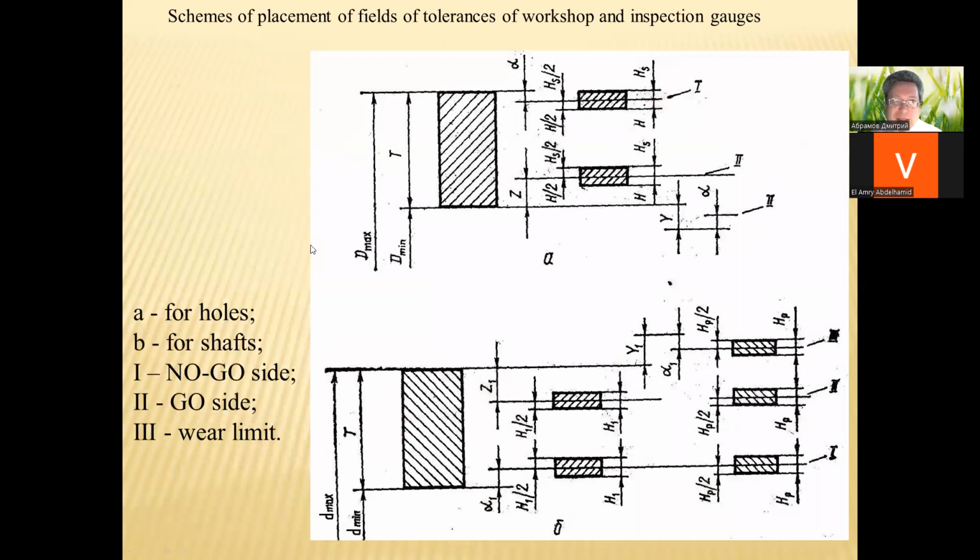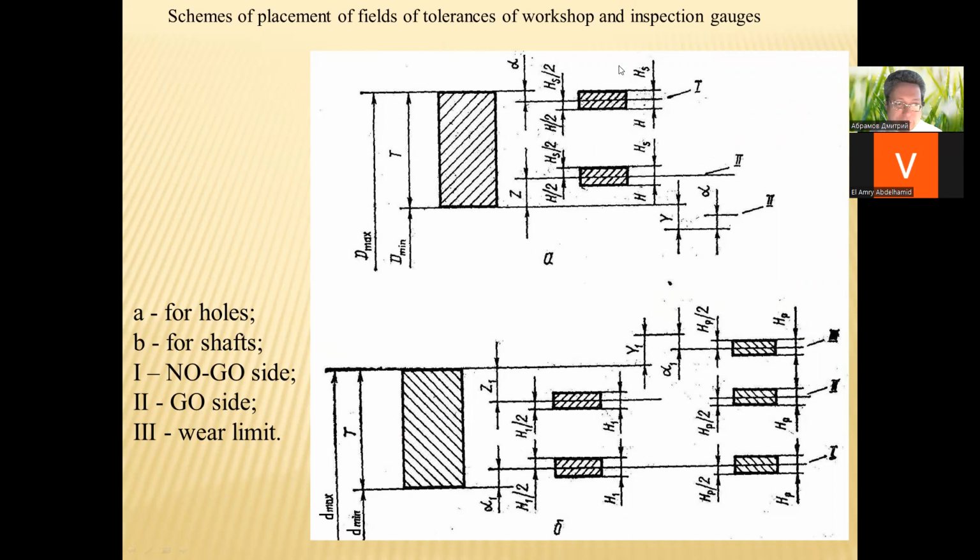You can see schemes of placement of tolerance fields of workshop and inspection gauges. A is for holes, B is for shafts. Tolerance field of hole and tolerance field of shaft.